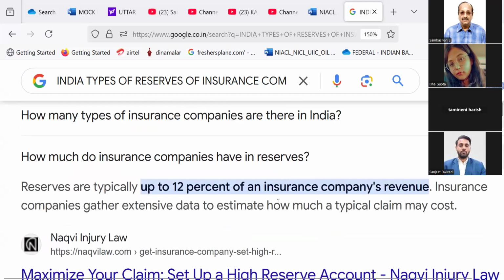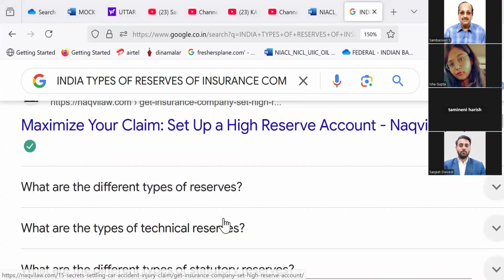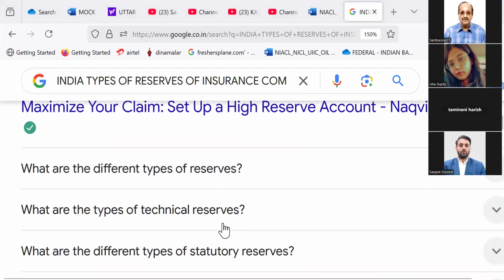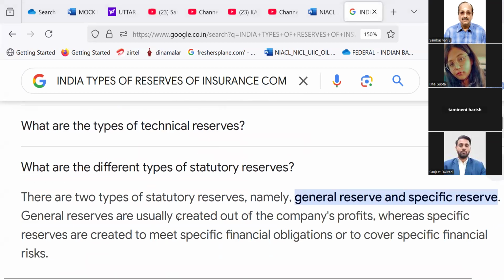How do companies have reserves? Reserves are typically up to 12% of an insurance company's revenue. Insurance companies gather extensive data to estimate how much a typical claim may cost. Then, what are the different types of statutory reserves?